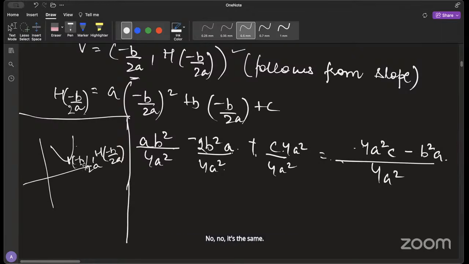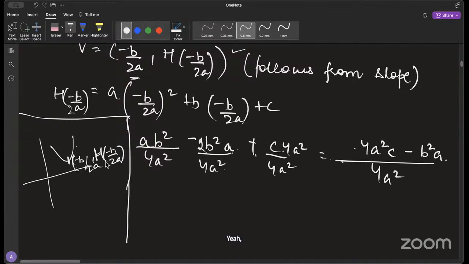The vertex is minus b by 2a, comma h of minus b by 2a. So the vertex is going to be the point of minima or the point of maximum, depending on whether your parabola opens upwards or downwards, right? Okay, ma'am, but the maximum value for the maxima is given by h of minus b by 2a. That I was asking.